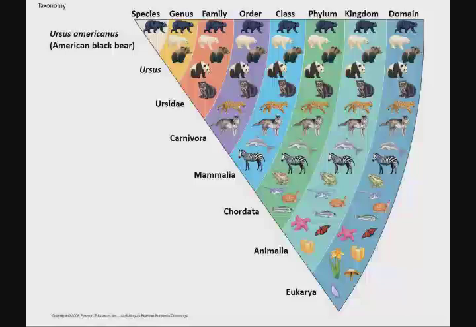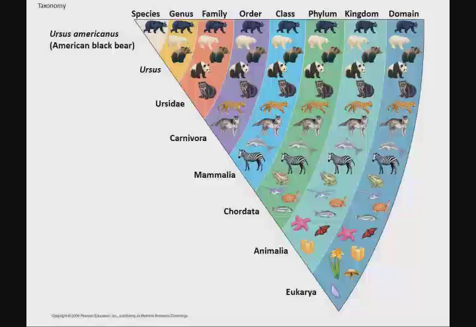But those black bears are more related evolutionarily to all the other bears than they are to anything else. And so we can group all the bears together into a genus, Ursus. Now, bears are all more related to each other than they are to other kinds of life, but you can walk your way up as you get more and more distant relatives, but still grouping them together.